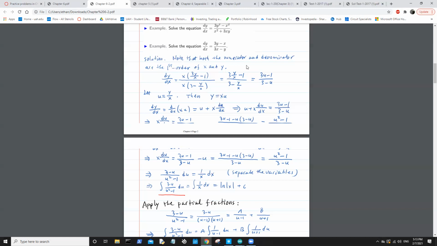If you do it that way, then you get that left-hand side, which ends up being a product rule. It looks like it always ends up as that product rule, where it's u plus x du/dx on the left-hand side in place of the dy/dx, is equal to our, in this case, looks like we probably will end up doing partial fraction decomposition stuff, as he did here, which is my favorite.